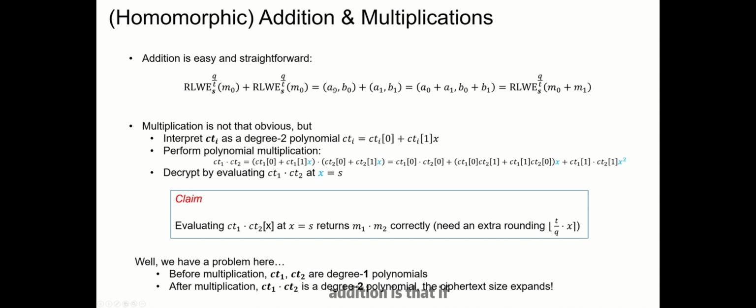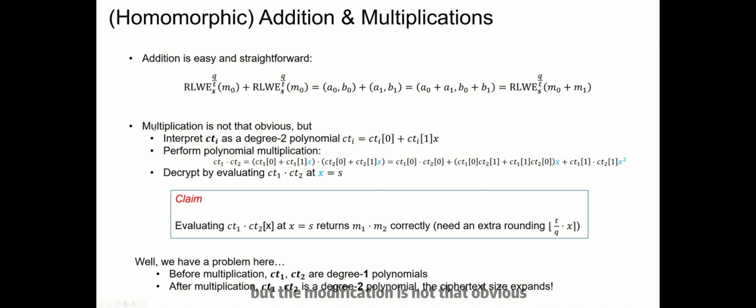If A0, B0 is an encryption of M0, and A1, B1 is an encryption of message M1, I do the addition. This directly returns me an encryption of M0 plus M1.